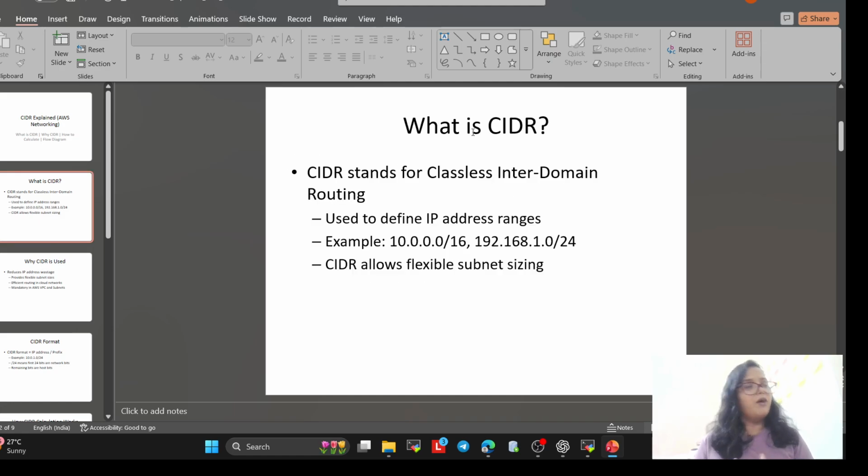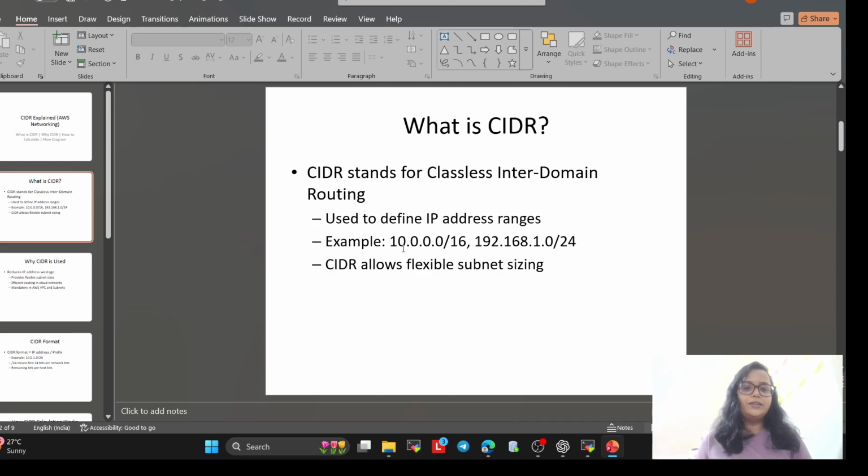First, what is CIDR? What does CIDR stand for? CIDR stands for Classless Inter-Domain Routing. It is used to define an IP address range.